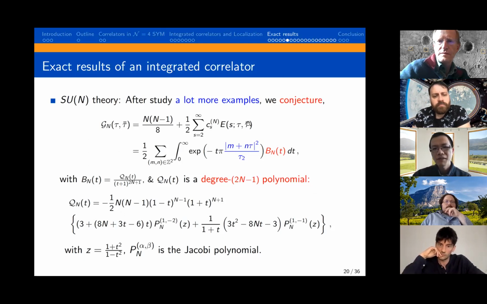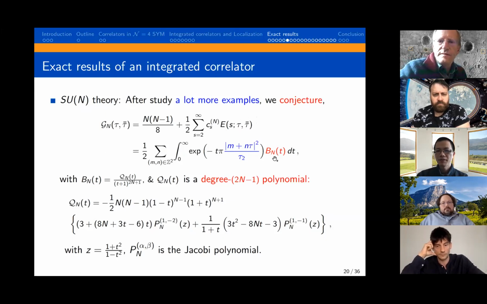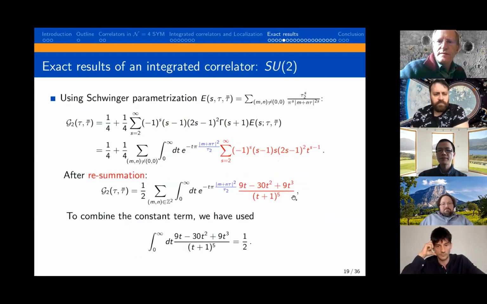From that, you plug in the definition of non-holomorphic Eisenstein series in this Schwinger parameterization. Immediately, you will conjecture a formula like this for arbitrary n. So basically, this is a generalization of that.